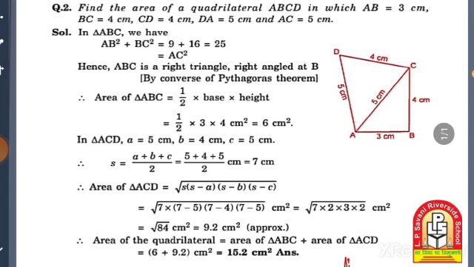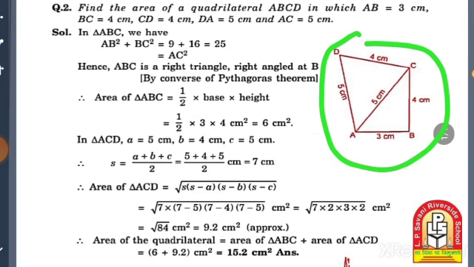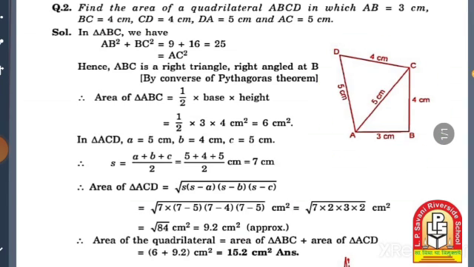Then question number 2: find the area of quadrilateral ABCD in which AB is equal to 3 centimeter, BC is equal to 4 centimeter, CD is equal to 4 centimeter, DA is equal to 5 centimeter and AC is equal to 5 centimeter. These are all indicated in this figure. First of all we have to take triangle ABC.